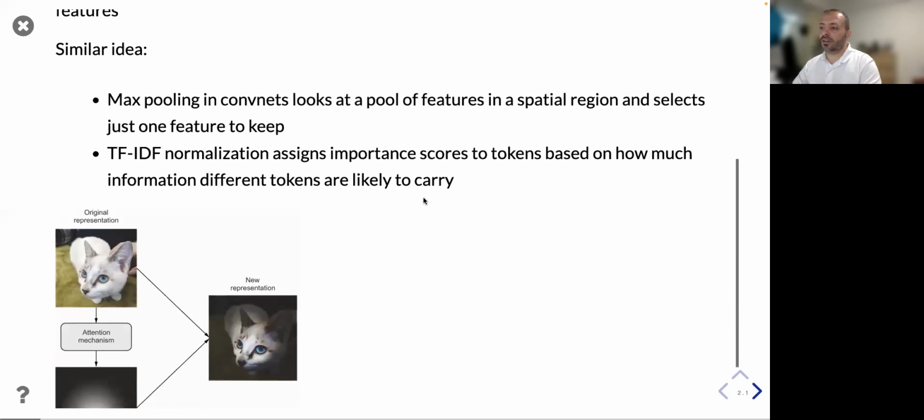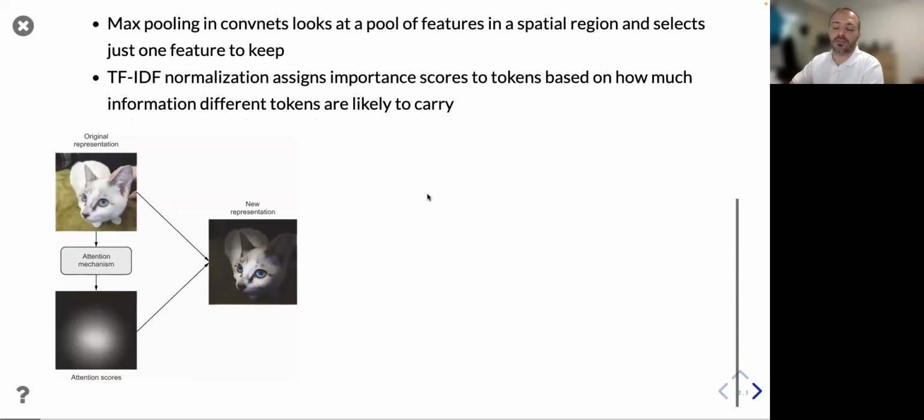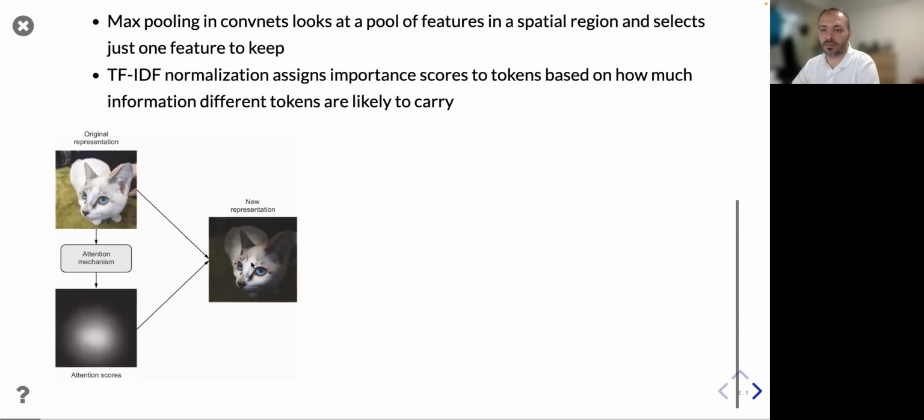So let's see an example of what it would look like, for example, for an image. At the top, we have the original representation. We have an image, and then we want to get only the information from the image that is important for the task. So the whole idea is that we have some mechanism, the attention mechanism, which will assign some attention scores on the image. And based on these scores, we will combine with the original input to have the new kind of representation. Now, let's see how this works.